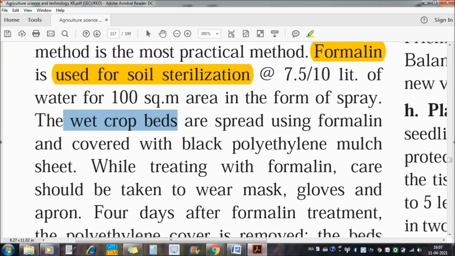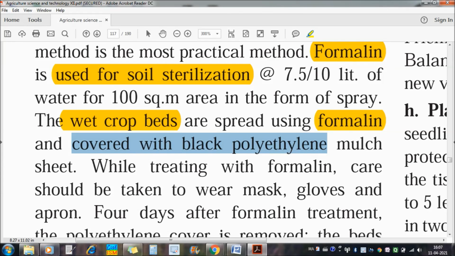Wet crop beds can also be sprayed with formalin, and after spraying, the soil should be covered by black plastic sheet. This is important, otherwise whatever formalin has been applied will evaporate. So this care is very important.